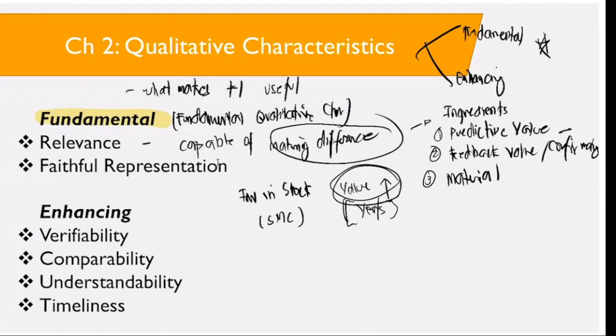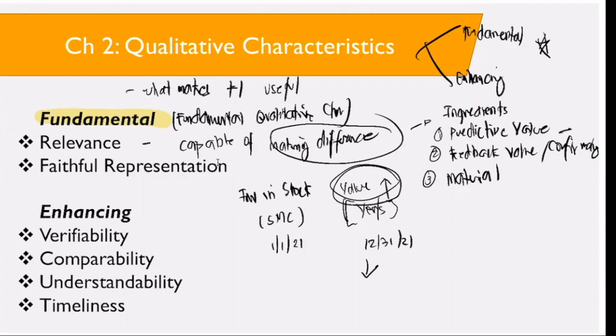What is a feedback value or confirmatory value? Let's say this is on January 1, 2021. And then on December 31, 2021, you saw that the value of the stock decreased. Out of that prediction, you will now give feedback whether that prediction is true or false.